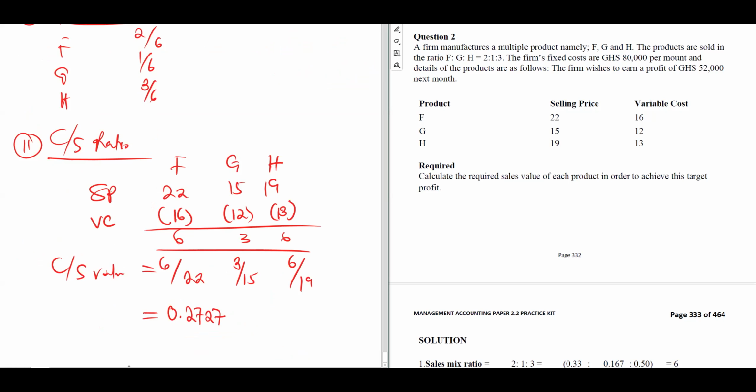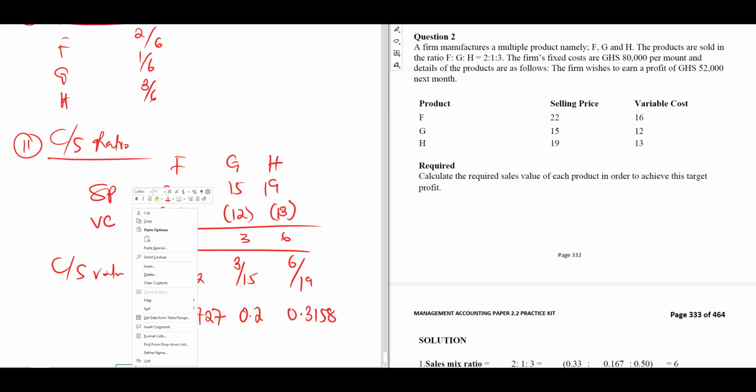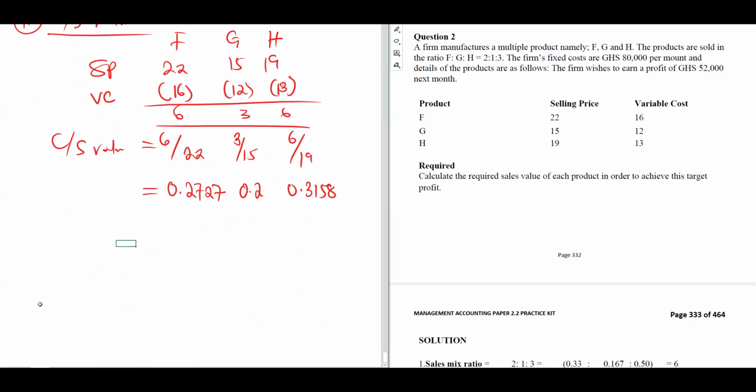Then 3 out of 15, 0.2, and 6 out of 19, 0.3158. I've rounded off, so we'll get something closer. That's why I said, mostly, I don't like this one because of the rounding off. So you're not going to get a perfect decimal.